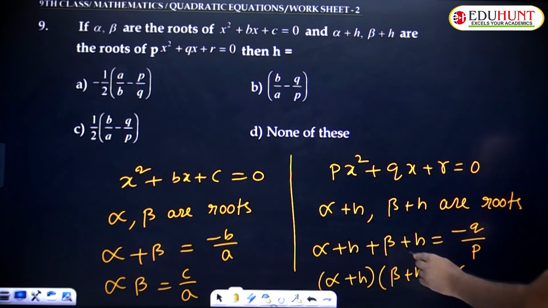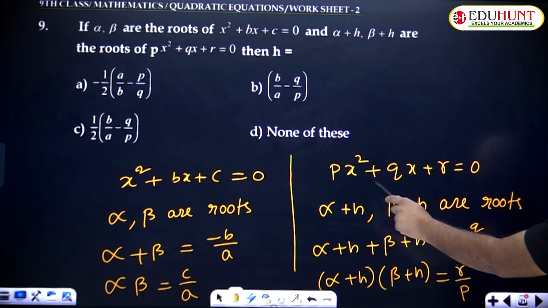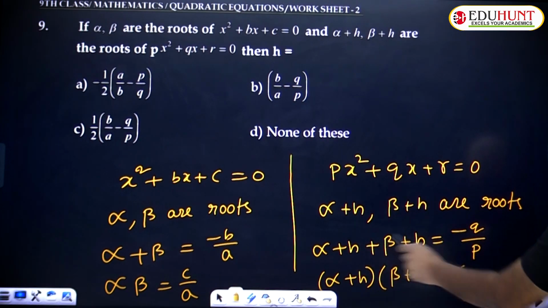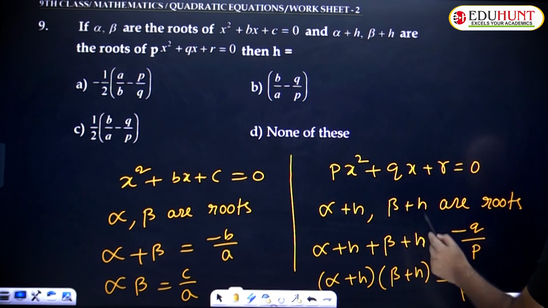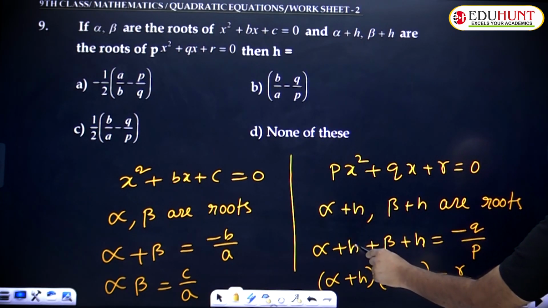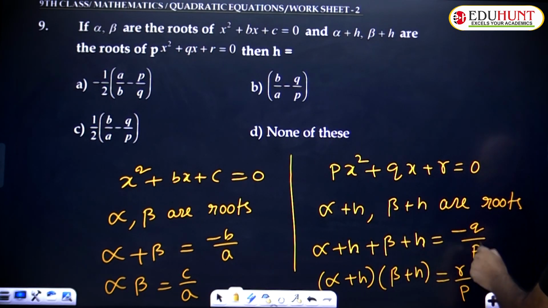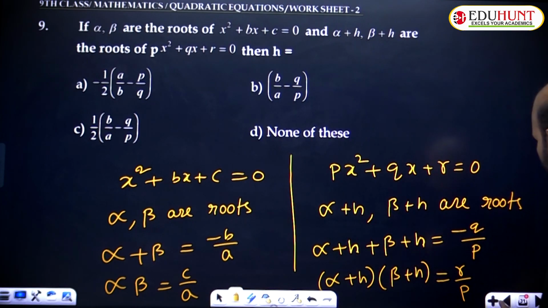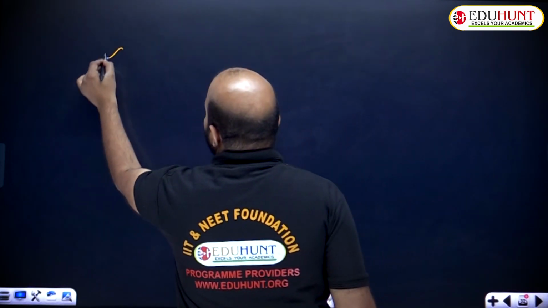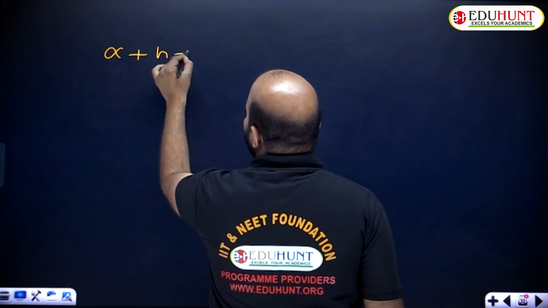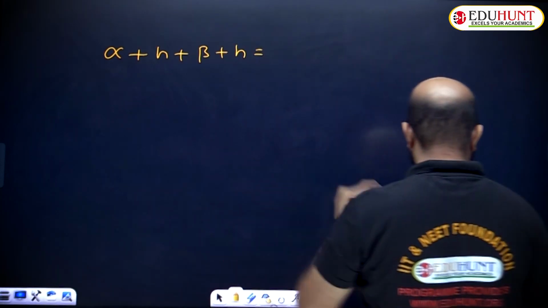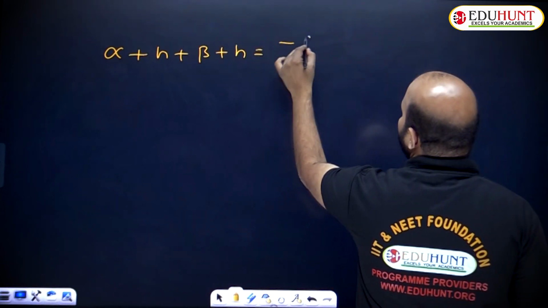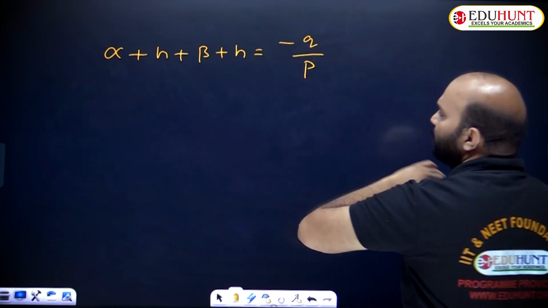By using the first equation, from equation 2, what I am getting: alpha plus h plus beta plus h equals minus q by p. Am I clear? Minus q by p. So the question is asking for the h value.